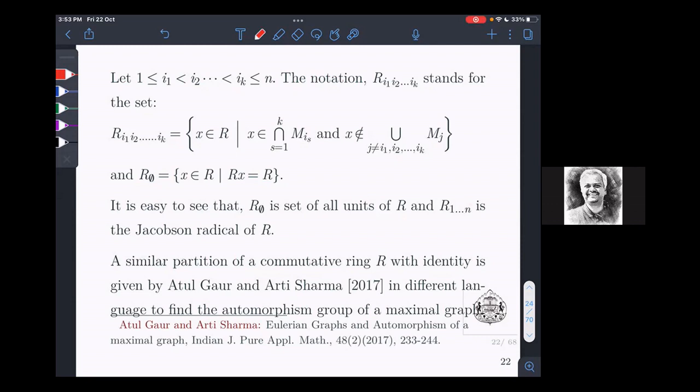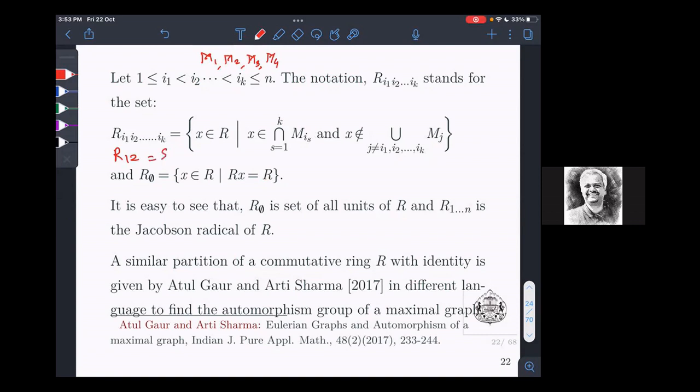Now, for understanding, suppose I have M1, M2, M3, M4. These are my 4 maximal ideals. For understanding purposes, I'm going for, let us say, R12. What is R12?